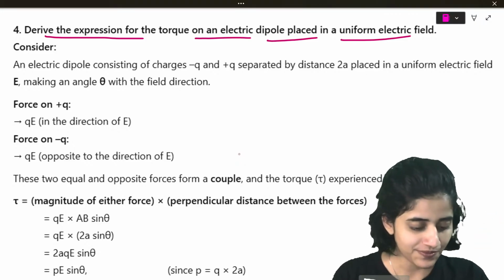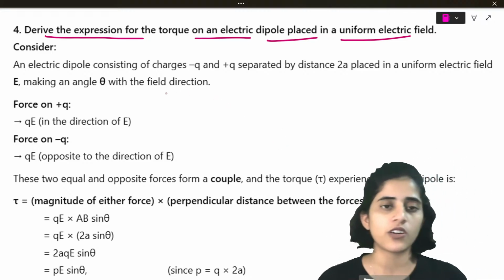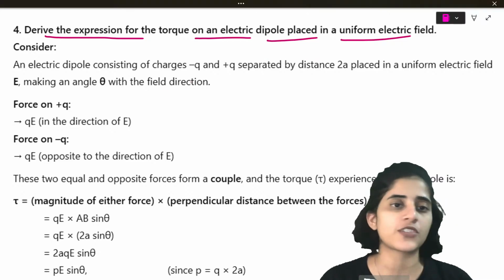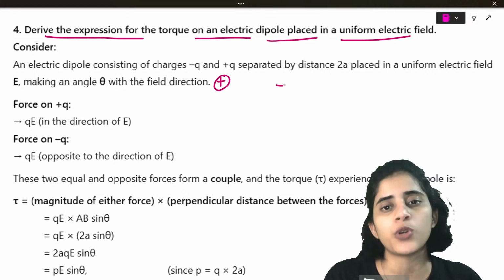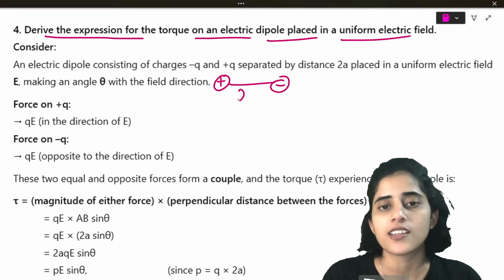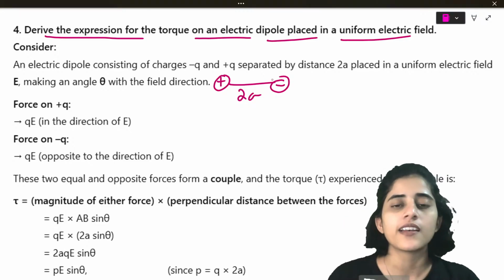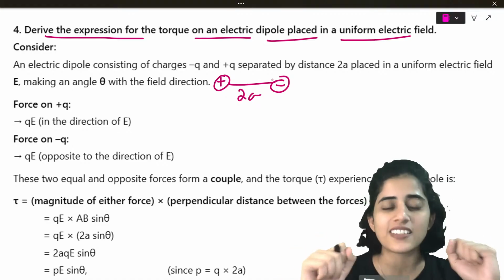Okay, now let's continue. Let's not waste a lot of time. So derive the expression for torque on an electrical dipole. As I already said, what is a dipole? You have a plus charge and a minus charge separated by a distance 2a. That is a dipole. Now these two are charges, so they will have forces acting on them.